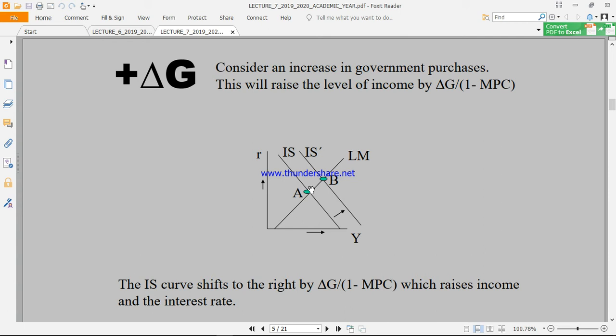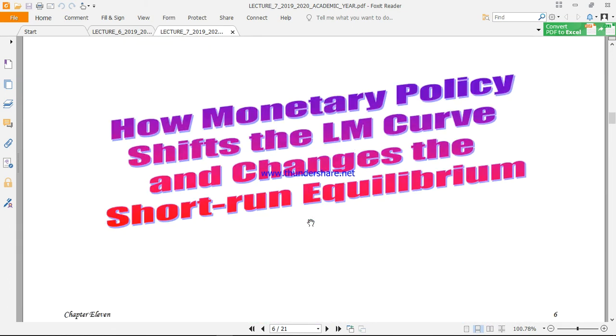So these are some of the things that help economists come up with policies, because they're going to say, okay, if we want to increase government expenditure by this amount, what is the impact of that? Is this going to be positive or negative? And if it's going to be positive, to what extent? All right. Let's then look at how monetary policy is going to.